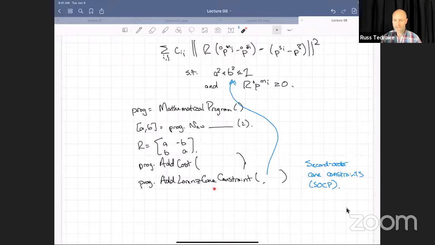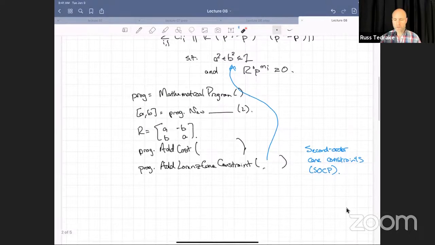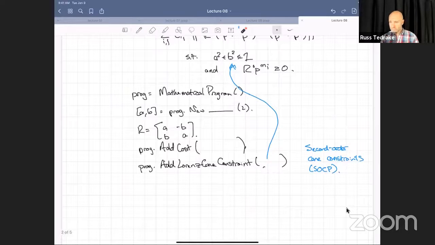If you add second order cone constraints, it calls a different solver that's appropriate for second order cones. We have a variety of solvers available. Not all of them are free, so some of them require licenses. But it's a pretty sophisticated front end on how to write optimization problems.